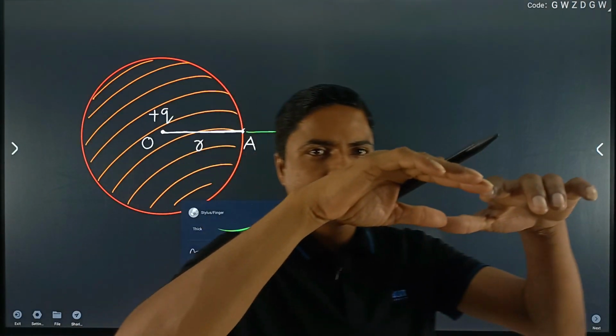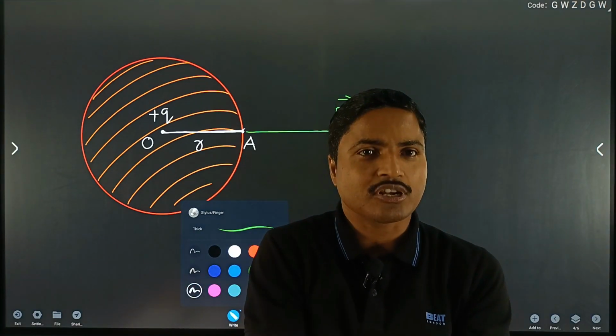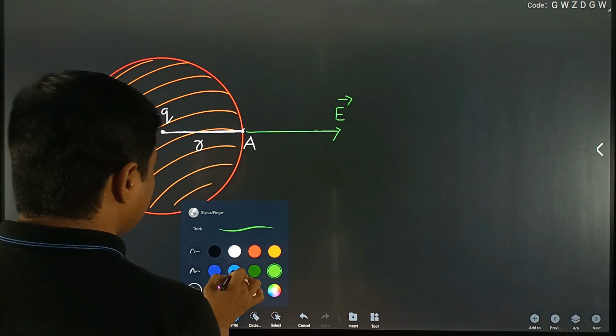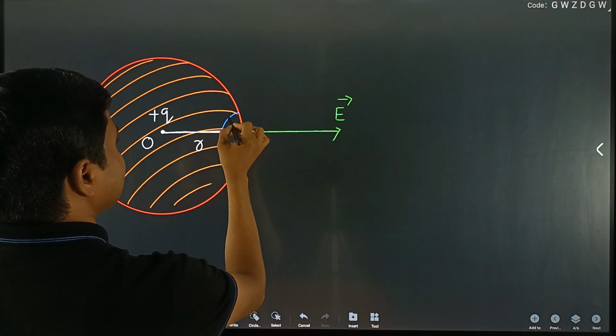And your spherical surface looks like a curved surface, so we take a very small surface area element.